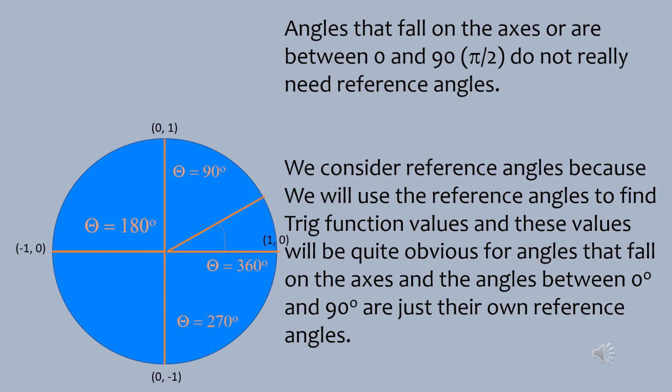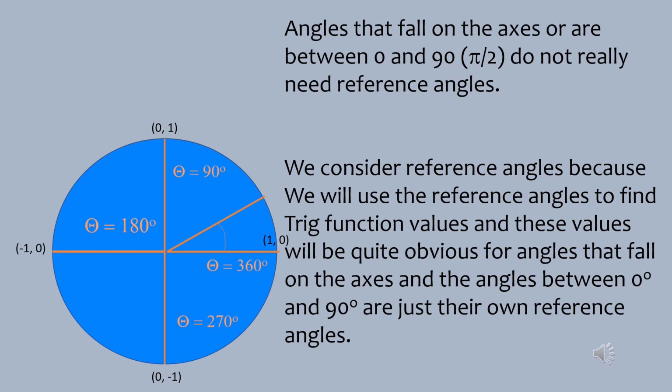If I've rotated all the way around to 360 degrees, somebody could say that 360 degrees has a reference angle of 0. That would be true, but the point on the circle is obviously 1 for x, 0 for y, because I'm on the x-axis, y is 0, and if the radius is 1, I've just moved out exactly 1 space.